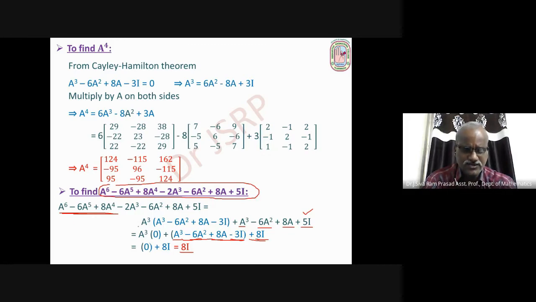Or you can do this in another way: just divide the given polynomial by this polynomial, and you get the same remainder 8I. That is the other way. So this is the Cayley-Hamilton theorem and its applications.